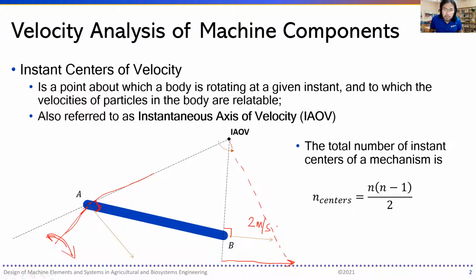Now, the total number of instant centers of a mechanism can be determined by a formula. This is just the combination formula: n times the quantity n minus 1, all over 2.